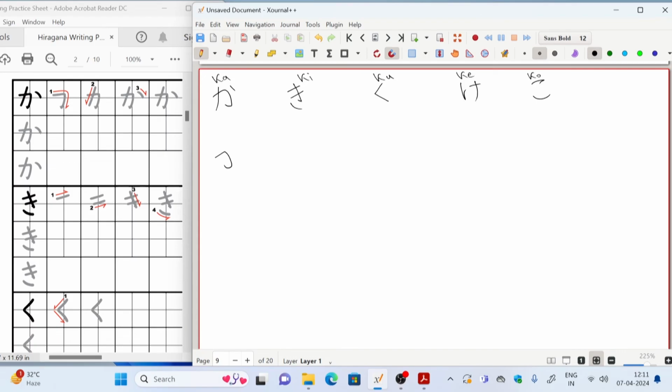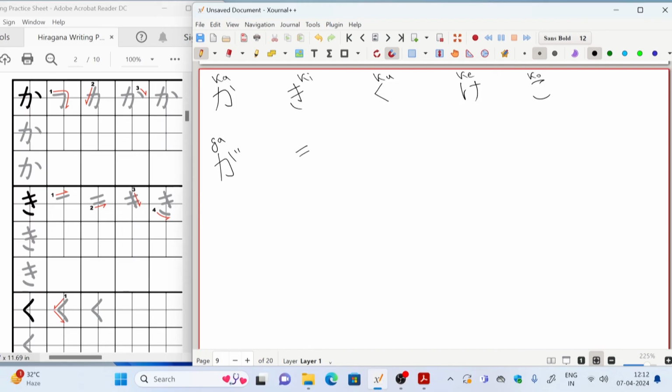When we put these two small marks here, this is called ten. So when we put that, it changes the sound into ga. So now it has become ga.